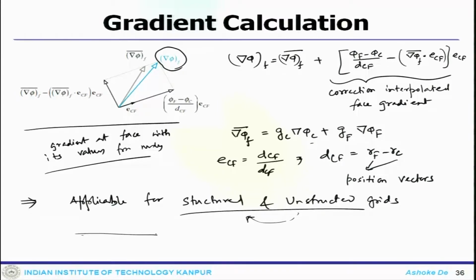So that essentially takes care of the gradient calculation, and what we have looked at are the gradients with different options, using both the compact stencil and the extended stencil.